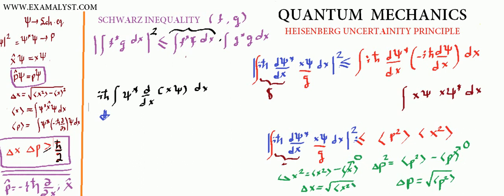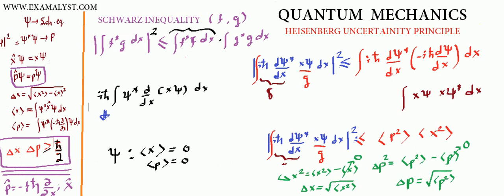Now you would ask, how the hell can you make the expectation value of x and the expectation value of p go to 0? By clever choice of psi. Agreed? You can choose psi such that the expectation value of x is 0 and the expectation value of momentum is 0.